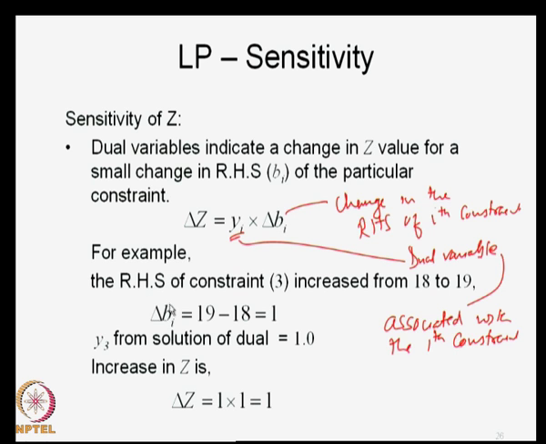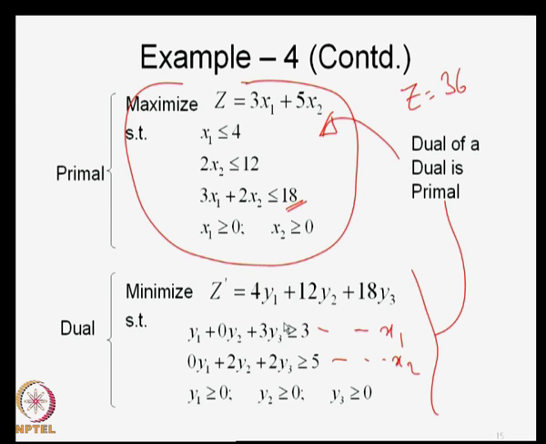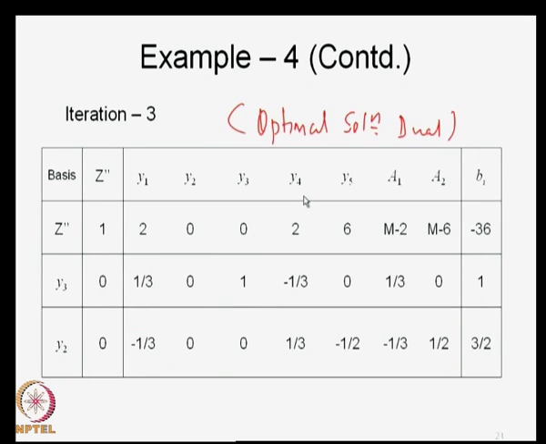So, let us say the RHS of constraint 3, which was 18 in your original constraint, the associated dual variables will be y1 here, y2 here, and y3 here, and from 18 I would like to make it 19, which means delta b3 in this case will be 1. So, I will change it by 1 unit.